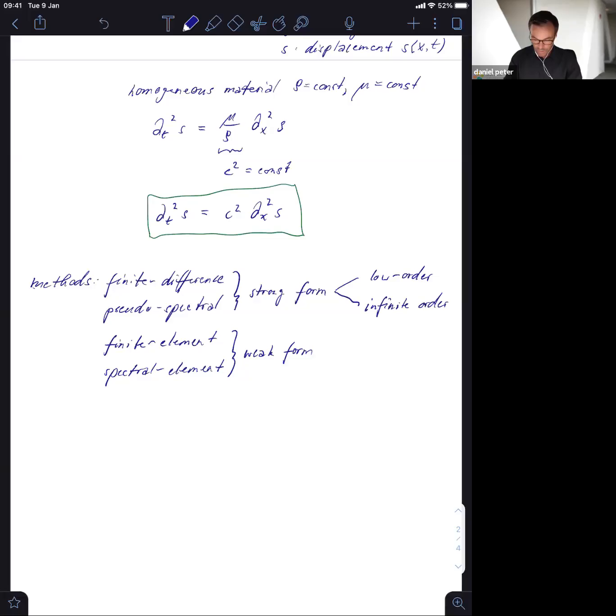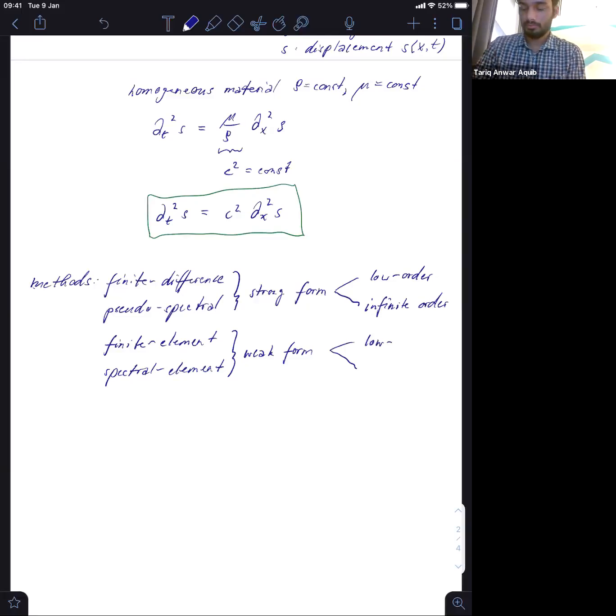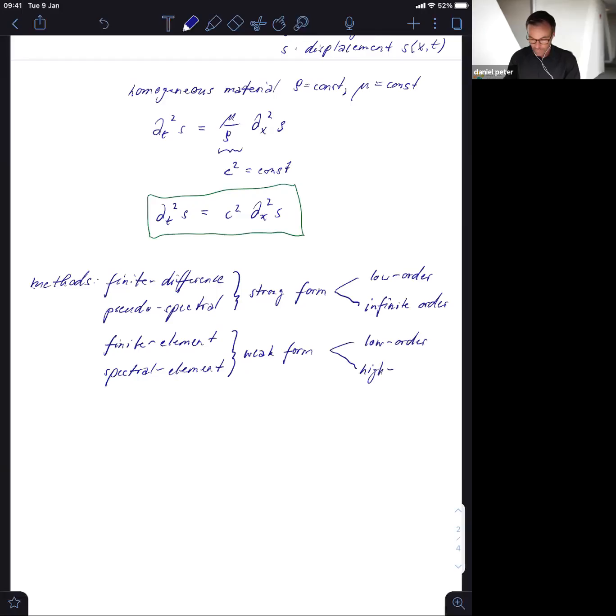And the same we can say for finite element and spectral element. Which one would be the low order? Finite element, right. Usually low order schemes. And then the spectral element would usually be a high order scheme.